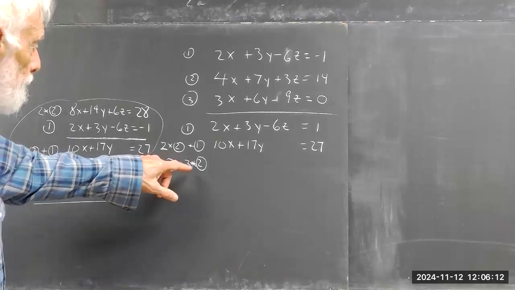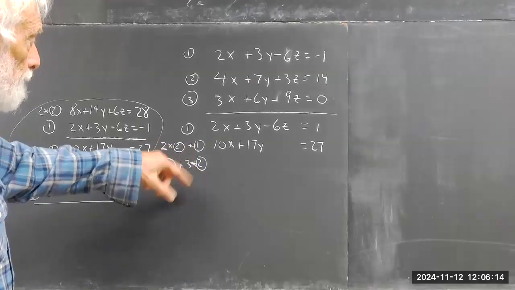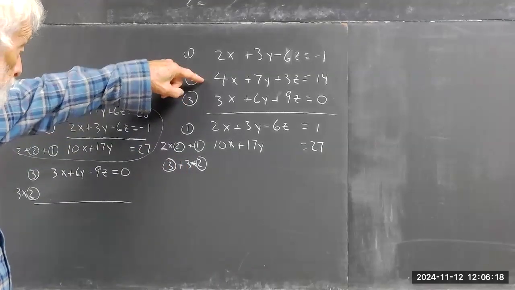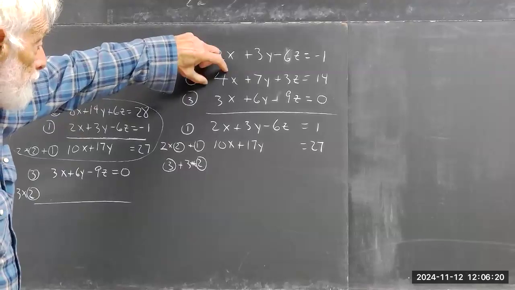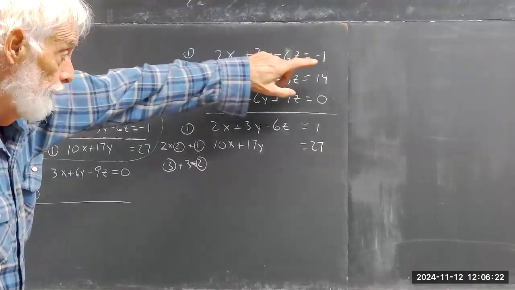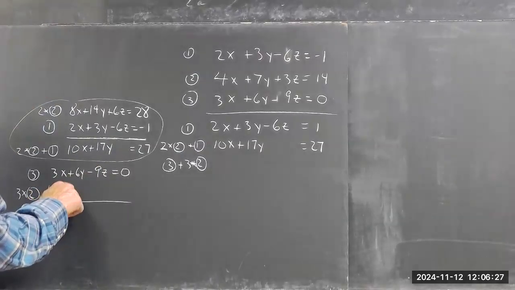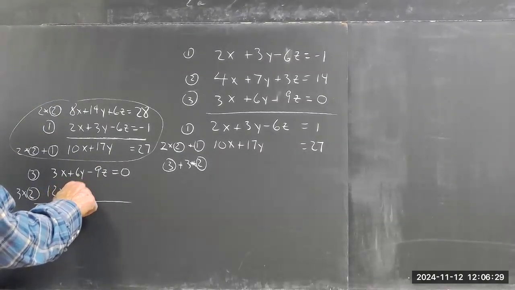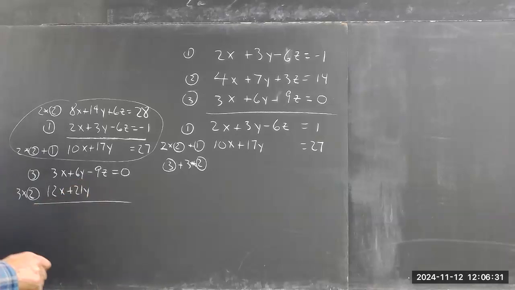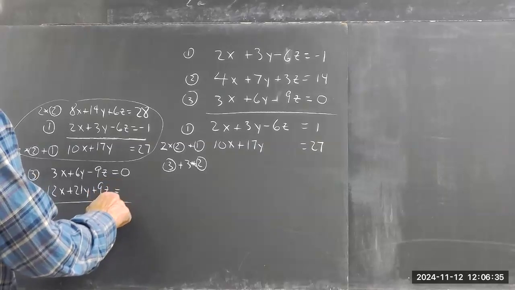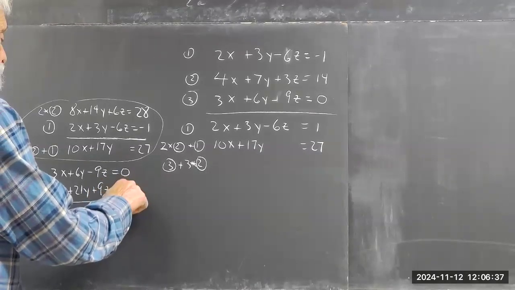And then we multiply equation 2 by 3, meaning we multiply both sides of equation 2 by 3. That's going to give us a 12 here, a 21 here, a 9 here, and a 42 there. 3 times 4 is 12, so we have 12x. 3 times 7 is 21, so we have 21y. 3 times 3 is 9, so we have 9z. And 3 times 14 is 42.